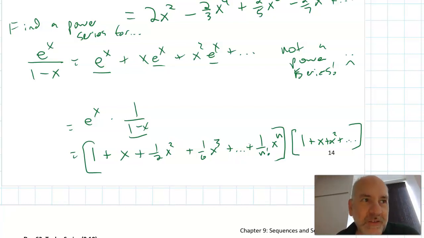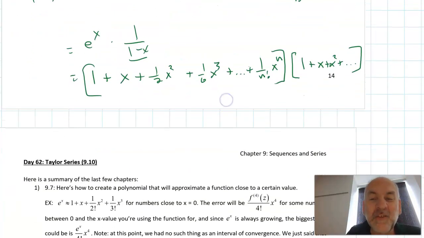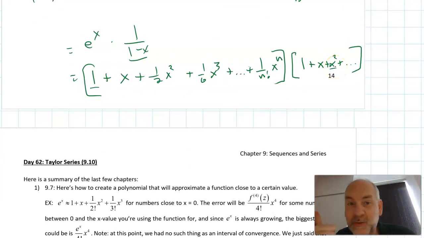Now, I know it's infinitely long, so you're not really going to FOIL it. Some of the questions that sometimes get asked on something like this is they say, what in the power series for this function, give the quadratic term, the x squared term. And so you could look at it and go, oh, okay, the x squared term, well, I could multiply 1 times x squared. Okay, I got x squared.